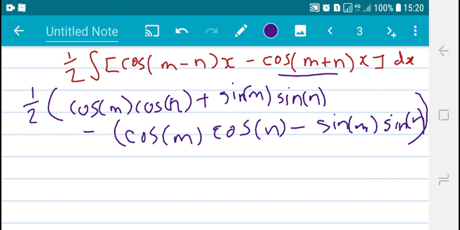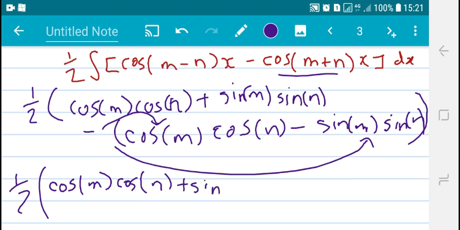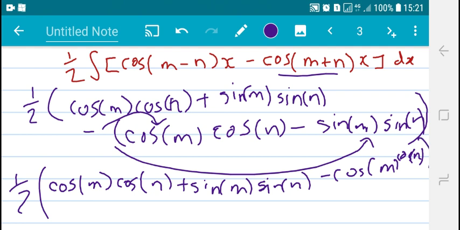And now I want to distribute the negative sign here as follows. So it should be a half, cosine m cosine of n plus sine of m sine of n minus cosine of m cosine of n, since we distributed the negative sign now.